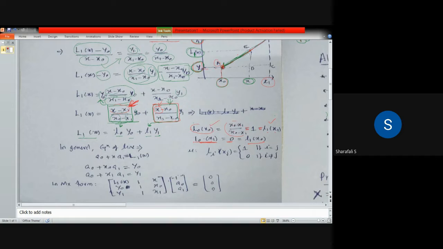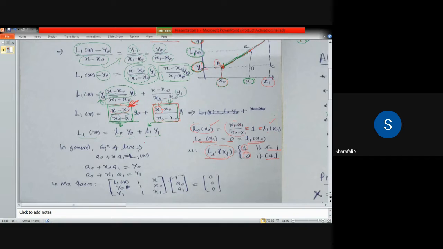Similarly, L1 of x0 also will be equal to 0. These are the two conditions. So in general, we can write Li of xj will become 1 when i equals j, and that will become 0 when i is not equal to j. That is the condition.